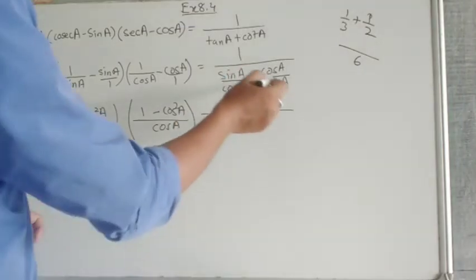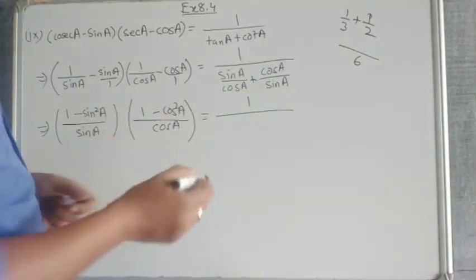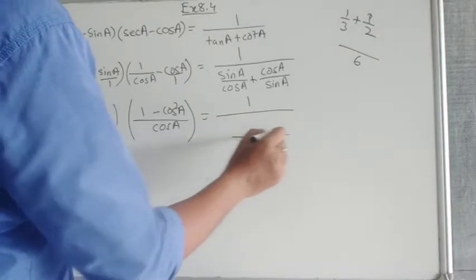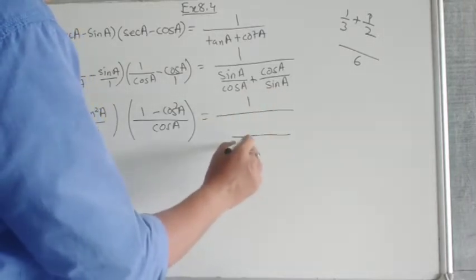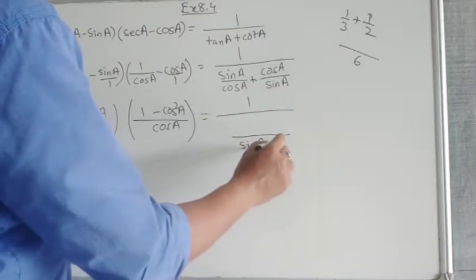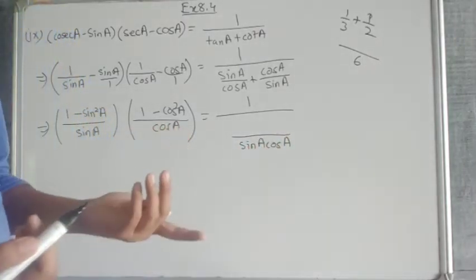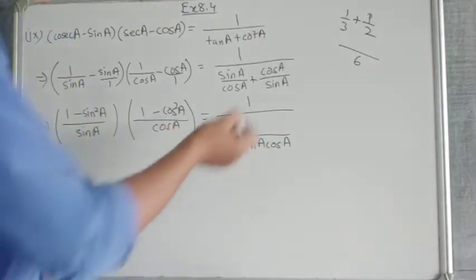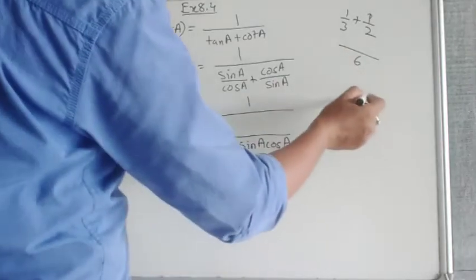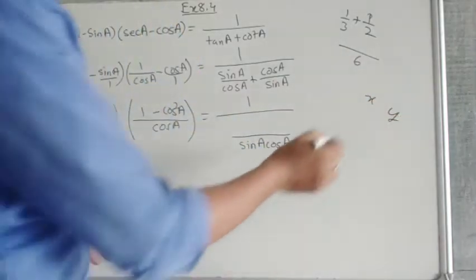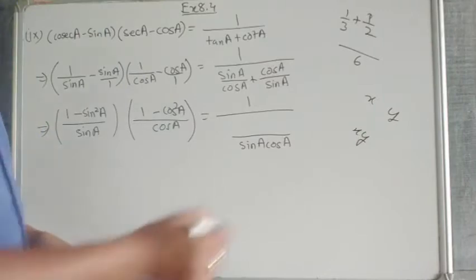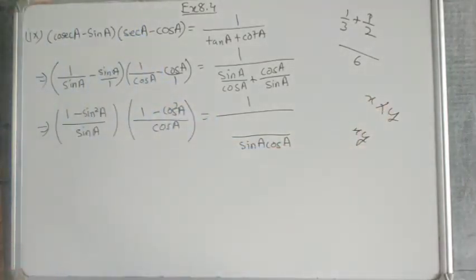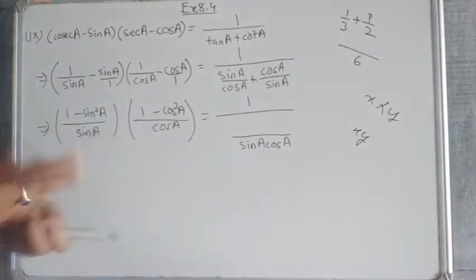So here, sin A and cos A, if you cannot simplify anything, just multiply them, so the LCM comes as sin A cos A. When you multiply x and y, you get xy. Same way, cos A and sin A becomes sin A cos A. You can write cos A sin A also, it is the same thing.